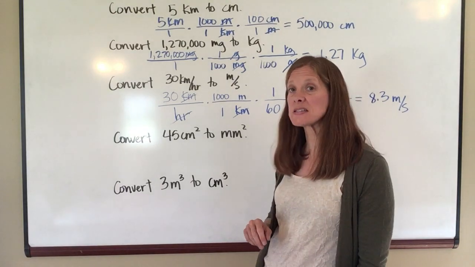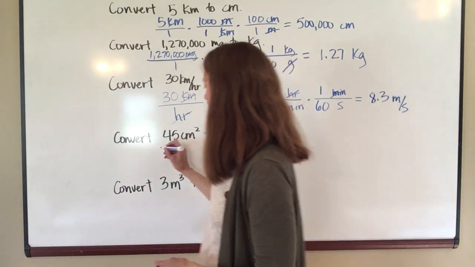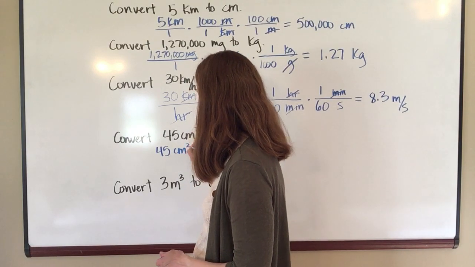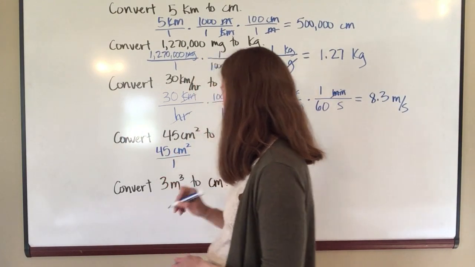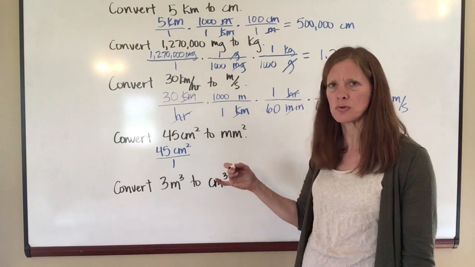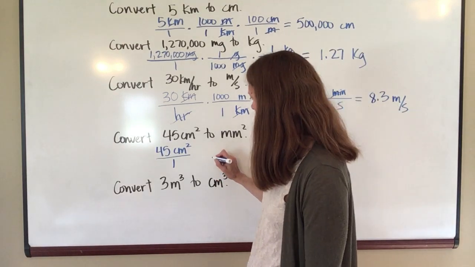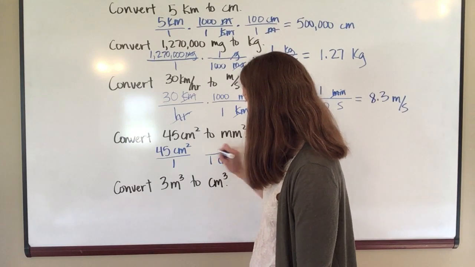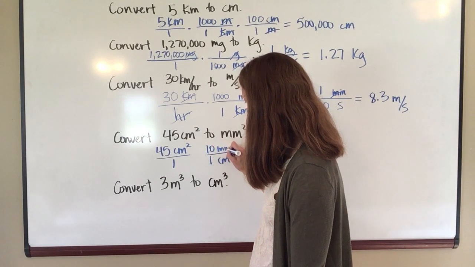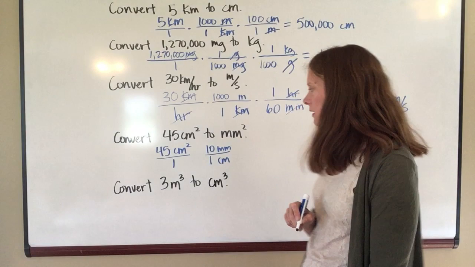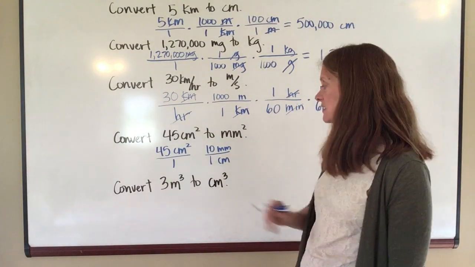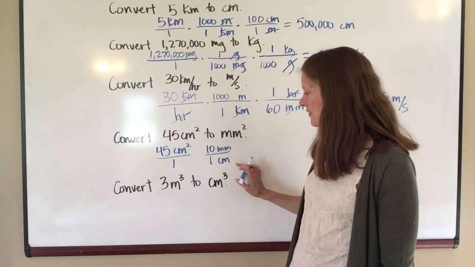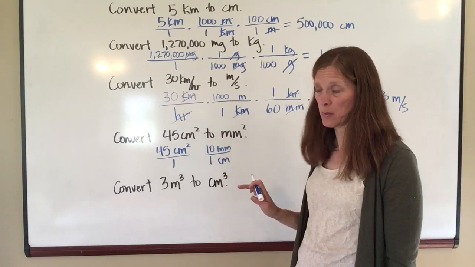Now, it may seem that if I take 45 square centimeters and I put it over 1, I know how many millimeters are in a centimeter, so can I just take 1 centimeter and put 10 millimeters up here? Will that work? Well, we have a problem because this is a centimeter and this is a square centimeter. That doesn't cancel out that way.